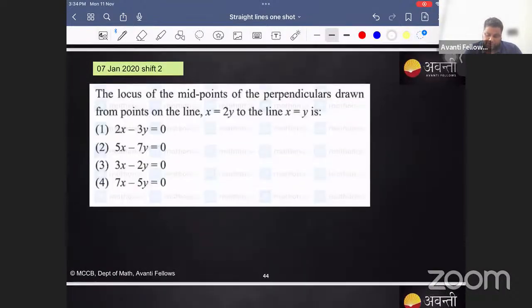Locus of the midpoint of perpendiculars drawn from points on the line this and this is. Just do it quickly. Locus of the midpoint of the perpendiculars drawn from points on this line to this line. Yes, quickly.